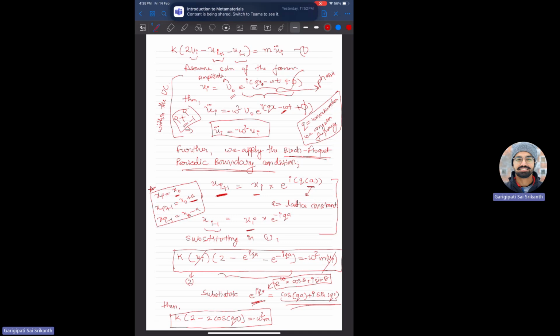Further, we apply the Bloch periodic boundary condition. By using the Bloch periodic boundary condition, we are able to relate u i plus 1 to u i and u i minus 1 to u i.